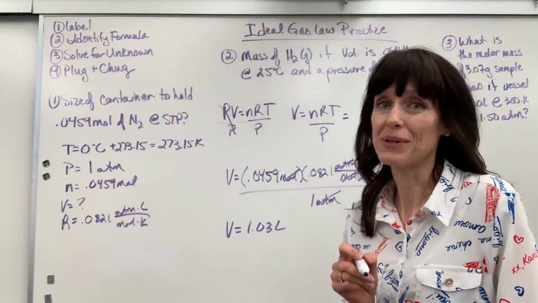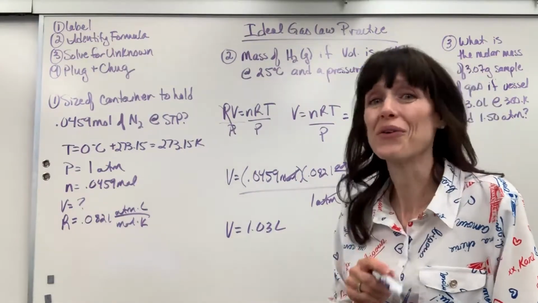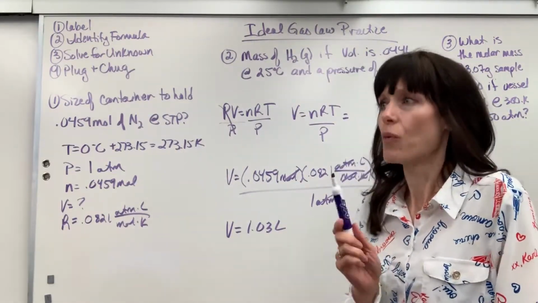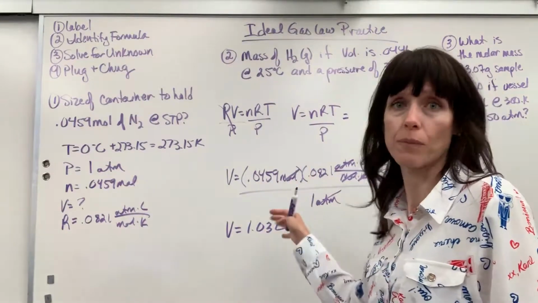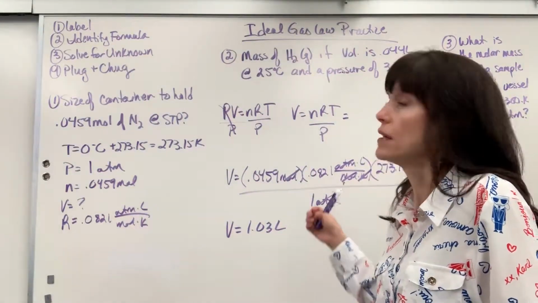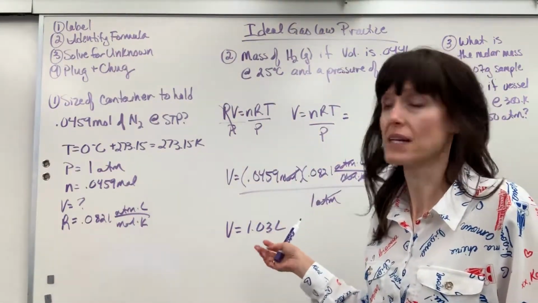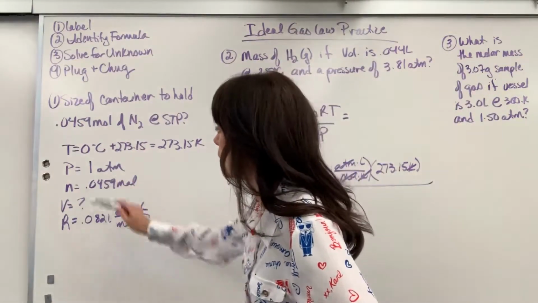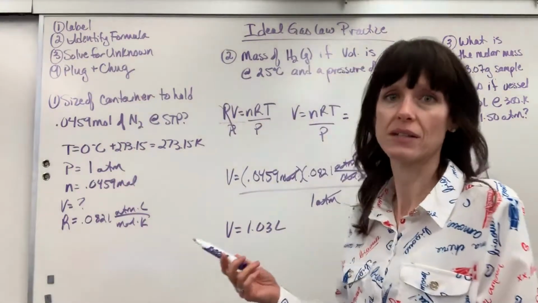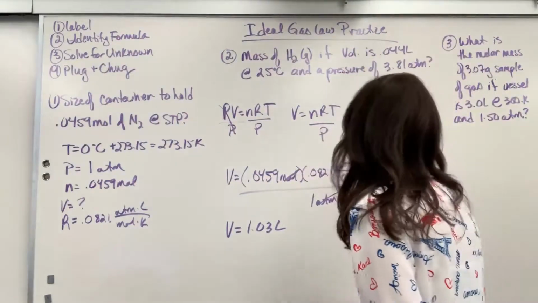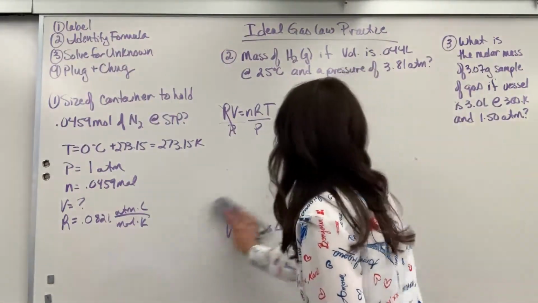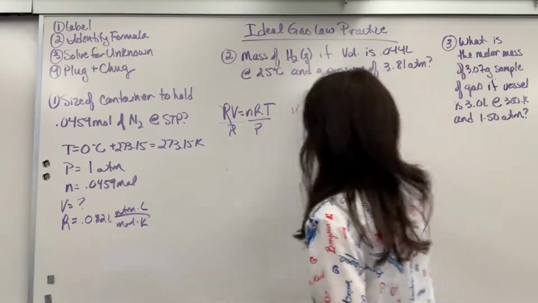Now, some of you may have noticed something. There was another way that we could do this. I wanted to show you this way because I'd say 90% of students, this is what they'll do. They will do the ideal gas law. They'll see temperature, pressure, moles, and go, oh, great, ideal gas law. There is another way to do this, and it comes from Avogadro's hypothesis.